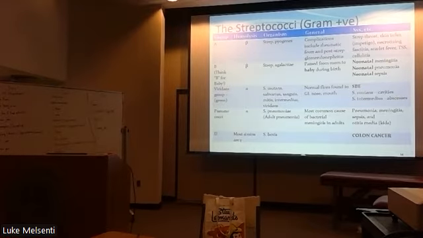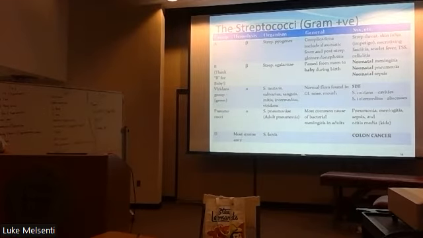S. mutans, if there's anything on the test about bacteria in cavities, that's your answer. Again, not the only one, but that's what they'll be looking for. And if you have abscesses, like tooth abscesses in your mouth, it's usually strep intermedius.